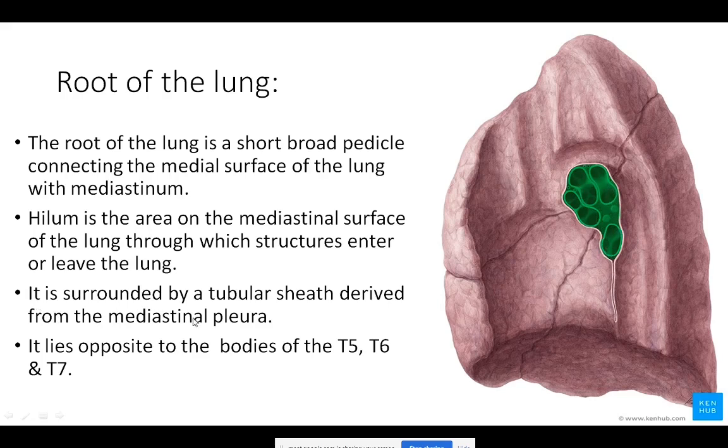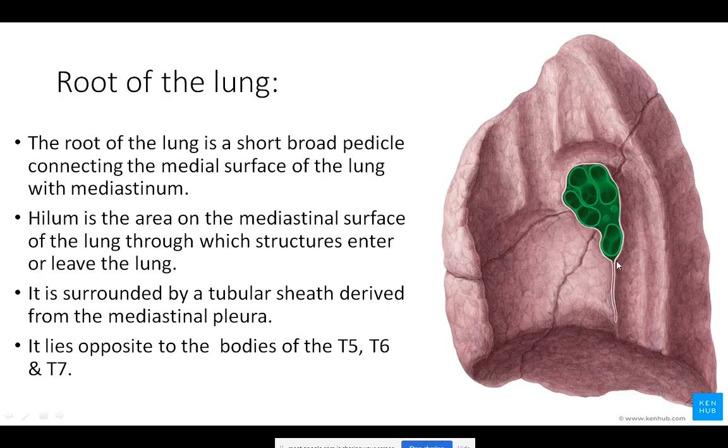Okay, it is surrounded by a tubular sheath derived from the mediastinal pleura. You see this white color? This is the pleura of the lung, a visceral pleura of the lung, which is tightly or firmly attached to the surface of the lung.